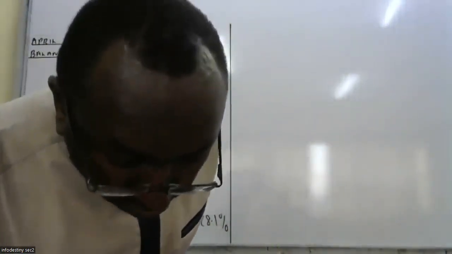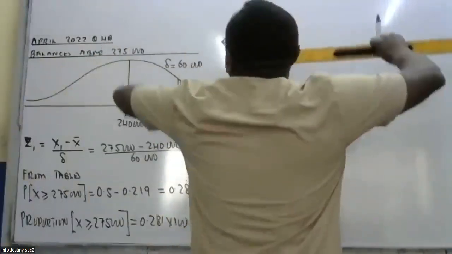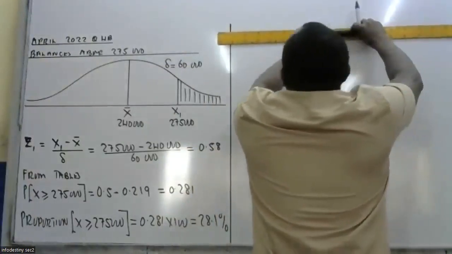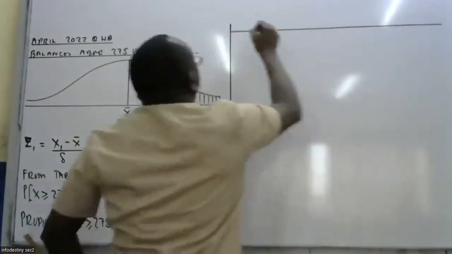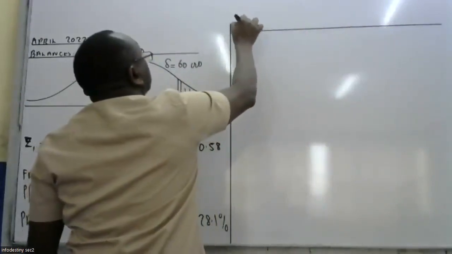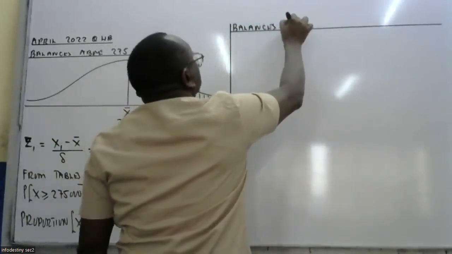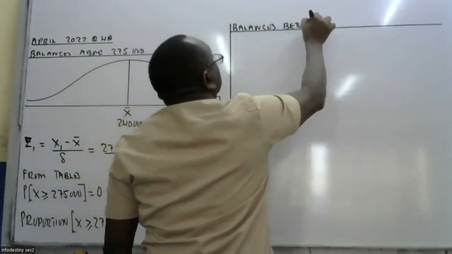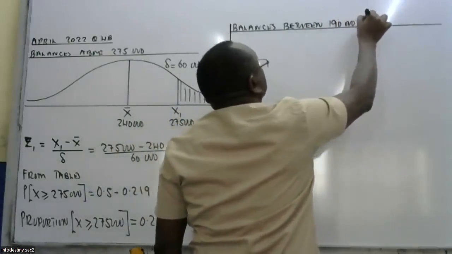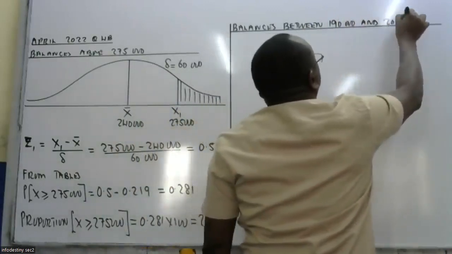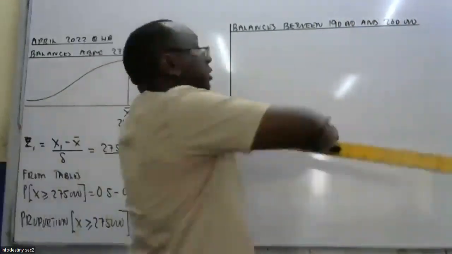The proportion of accounts whose balances lie between 190 and 260.